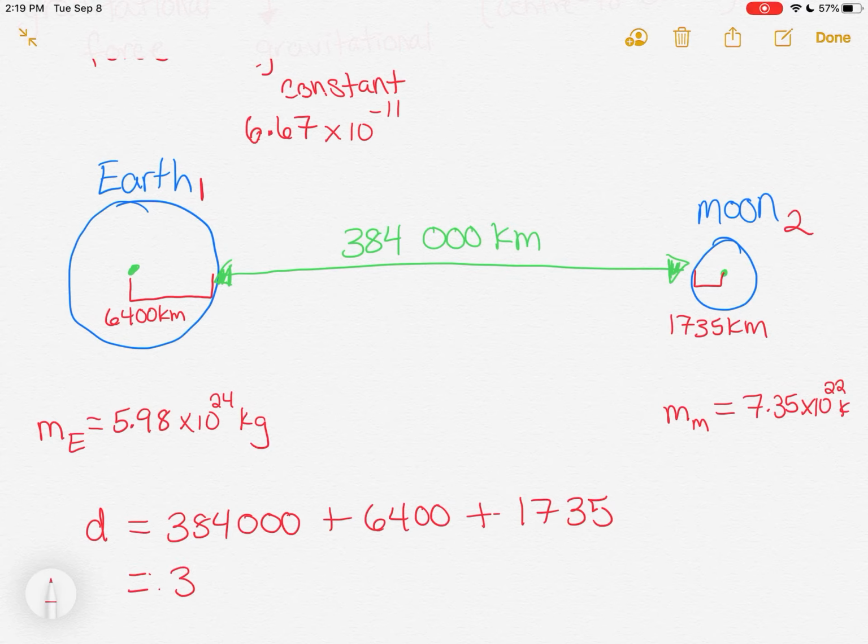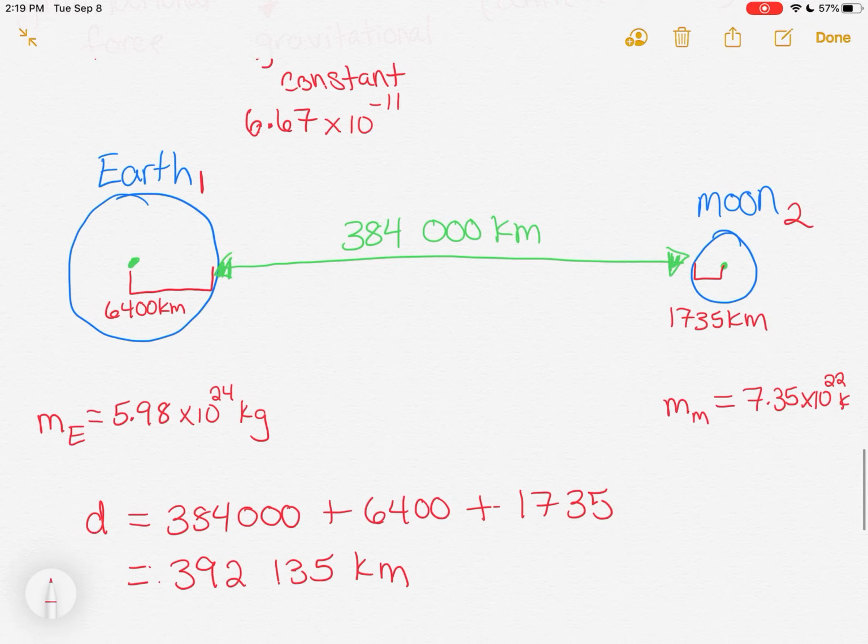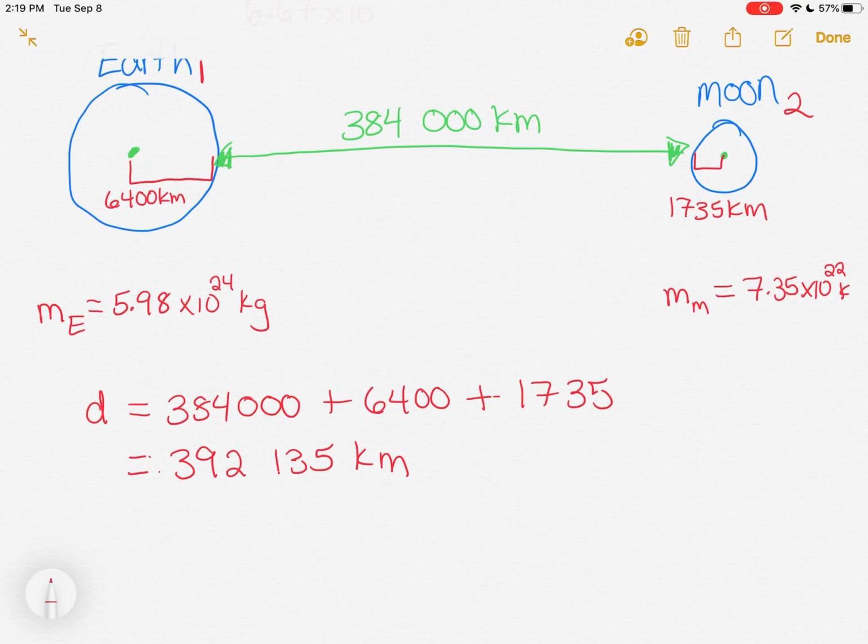So we're dealing with 392,135 kilometers. Now, the other problem is that kilometers is not our standard unit for distance, so we're going to turn that into meters. We're just going to multiply it by 1,000.